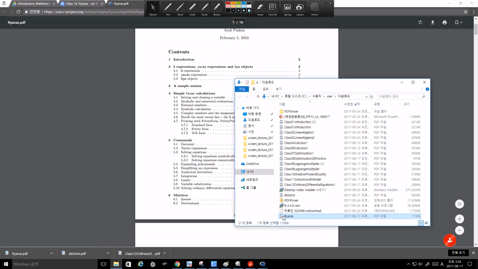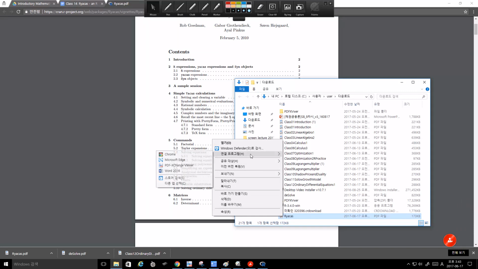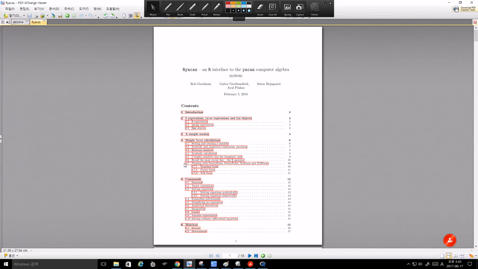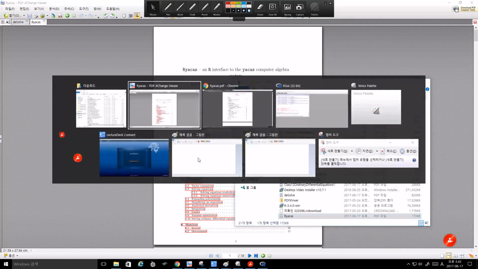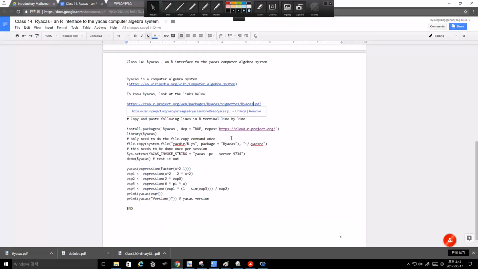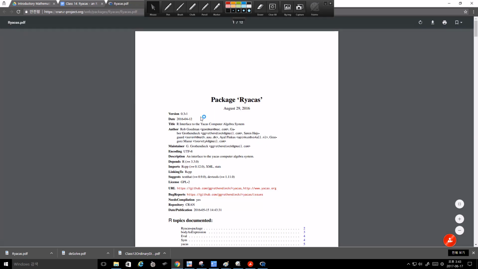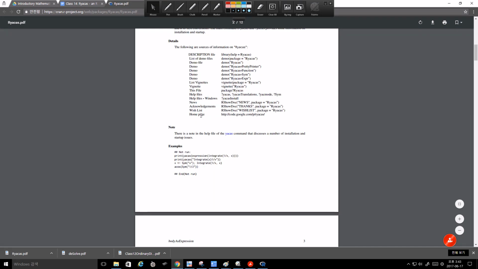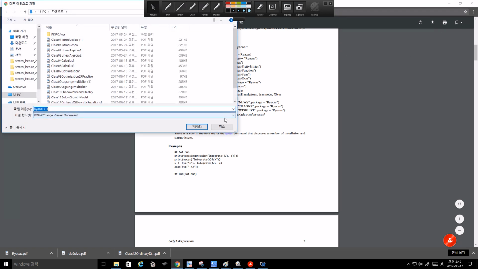Open the folder and let's open this file in a PDF reader. And then we have another file, let's download this one as well, the Ryacas package manual. It gives us more detailed information.